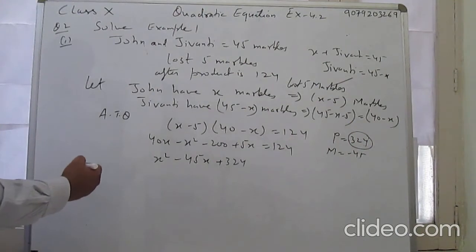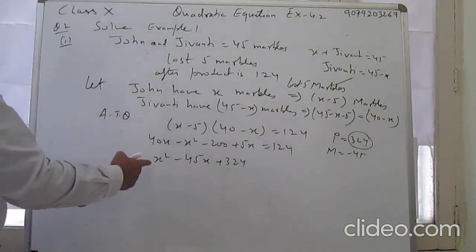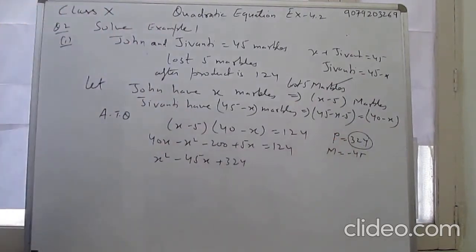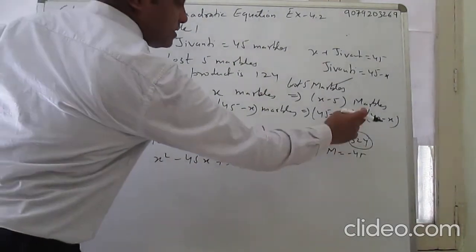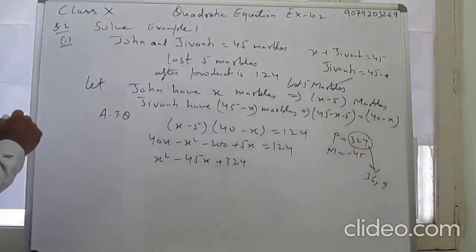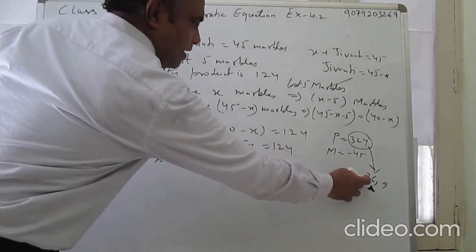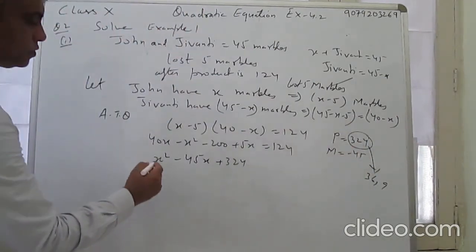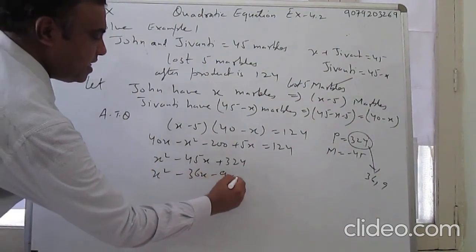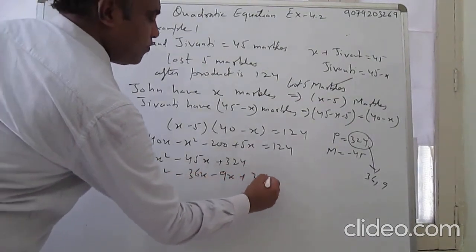The middle term is first, what is the factor of 324? So you will get minus 45. So it is 36 into 9. Take 36 and 9. If you multiply it, you will get 324. So x square minus 36x minus 9x plus 324.